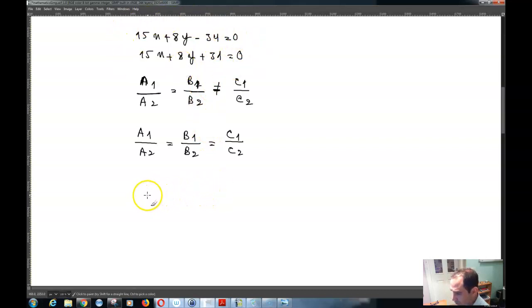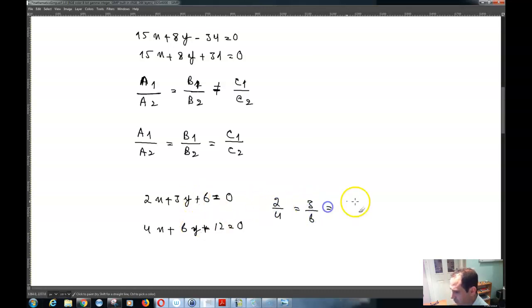For example, you could have 2x plus 3y plus 6 is equal to 0, and I simply multiply this equation by 2. So 4x plus 6y plus 12 is equal to 0. So now you can see that 2 to 4 is equal to 3 to 6 is equal to 6 to 12. These are all equal to 1 to 2.